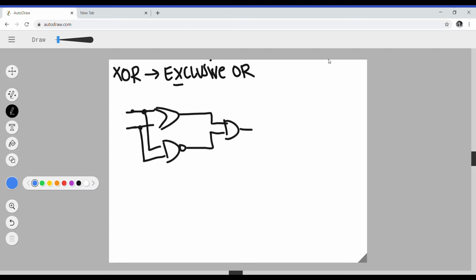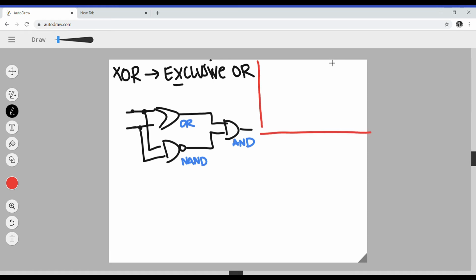Okay? So I'm going to write little notes in case you don't remember. That is an OR gate. That is a NAND gate. And this is an AND gate. And I'll go ahead and draw out a table to the right hand side so we can keep track of our outputs.